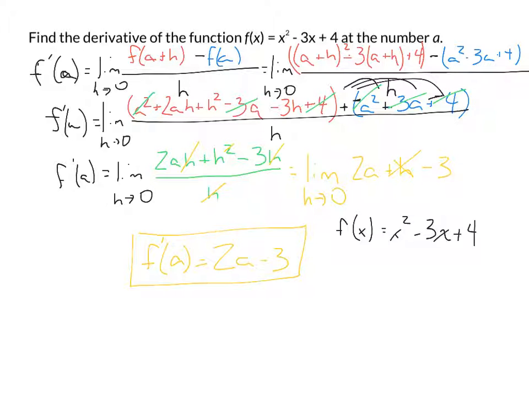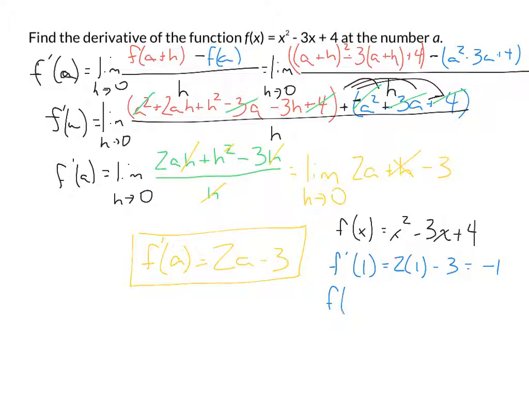So let's suppose I wanted to find the slope at a equals 1. So I do the derivative, or f prime of 1, then I would do 2 times 1 minus 3, and so at the point x equals 1, my slope of the tangent is negative 1.